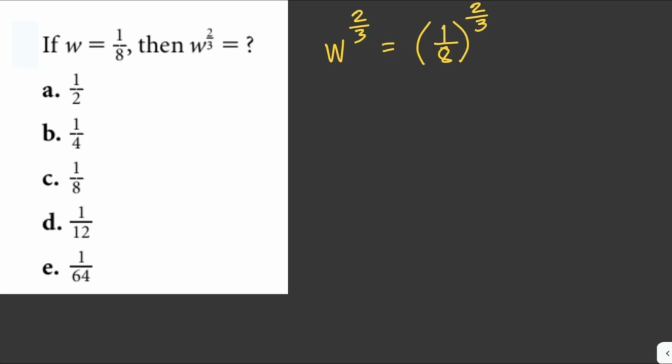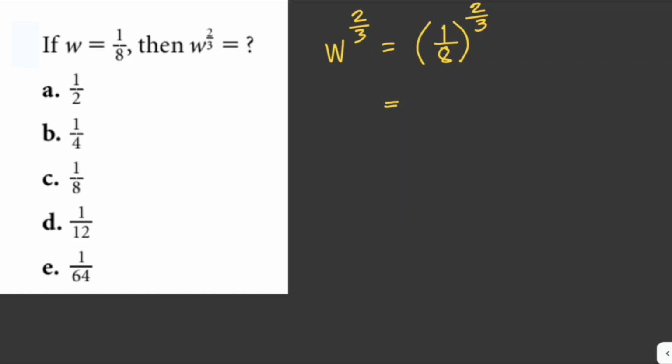Now we can simplify this expression. When a number is raised to an exponent that is a fraction, the denominator of the exponent is the root and the numerator is the power to which the number is raised.